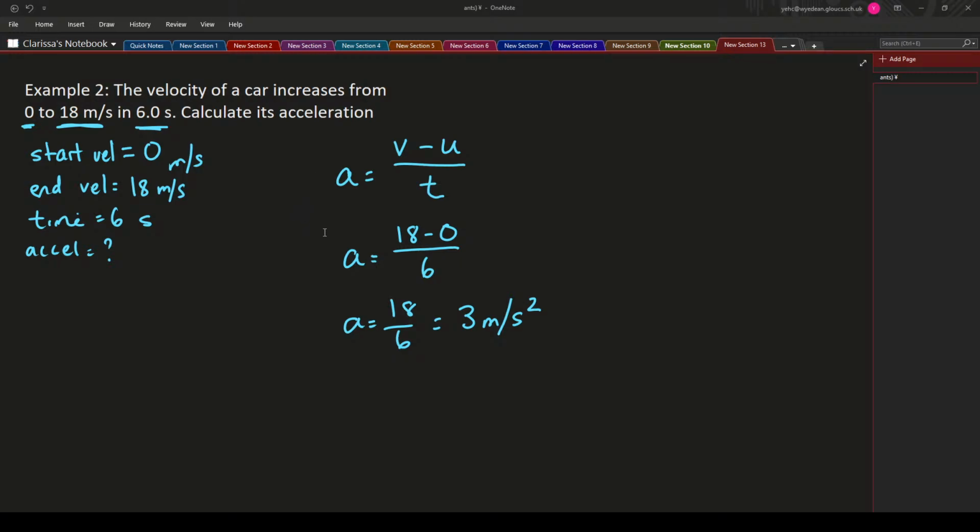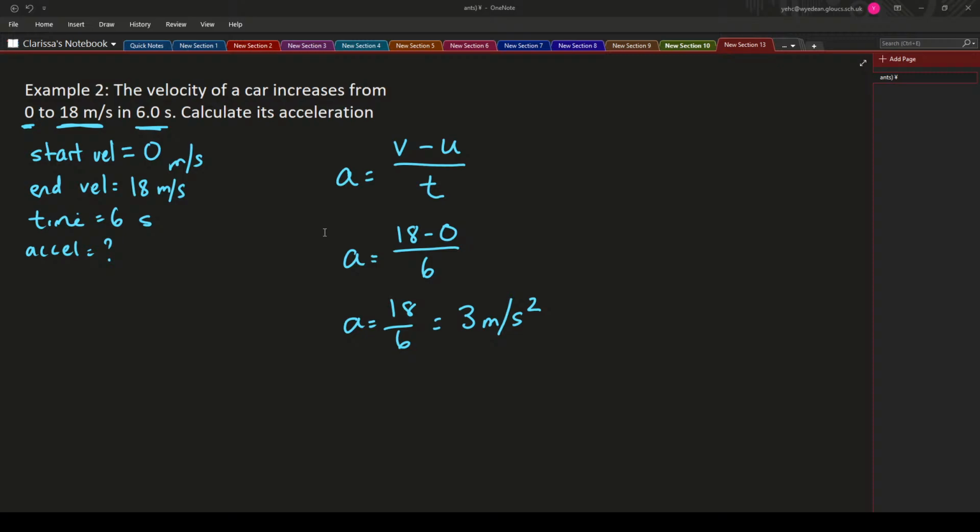Okay, so when it comes to this acceleration formula, it is a straightforward formula. So when it comes to calculations, I hope that in comparison to other calculations you've done, you find this a bit easier.